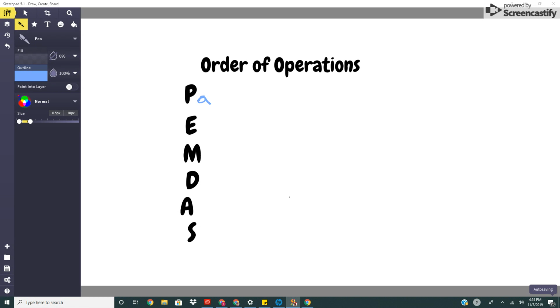Pen isn't working so well, sorry. Okay, so parentheses basically tell you, since they are at the beginning of PEMDAS, they are important.